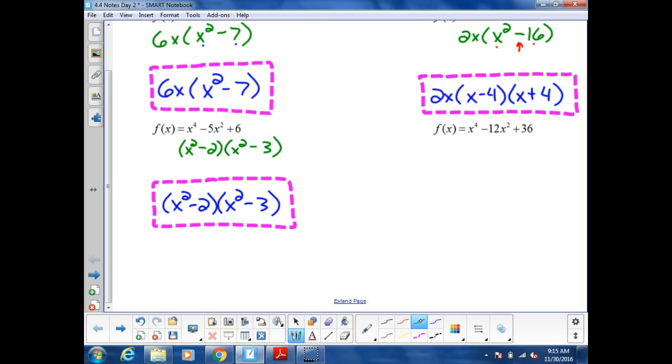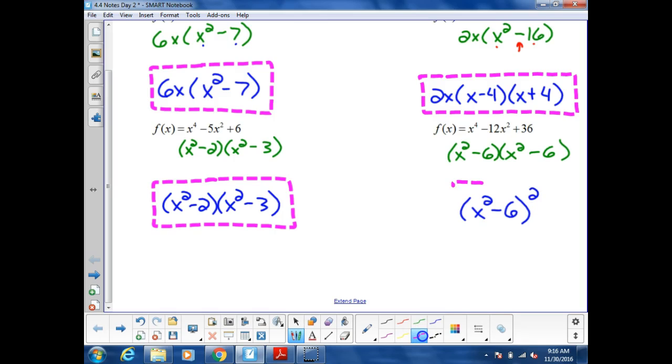Over here, again with the butt cheeks, x squared and x squared, minus 6 and minus 6. So I can write that in pretty form as x squared minus 6 quantity squared.